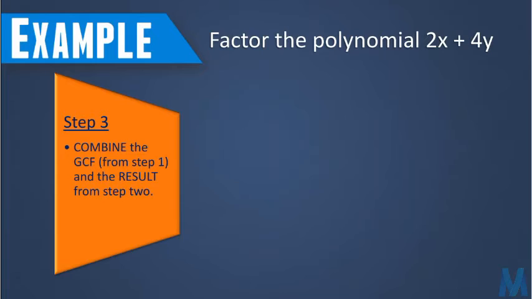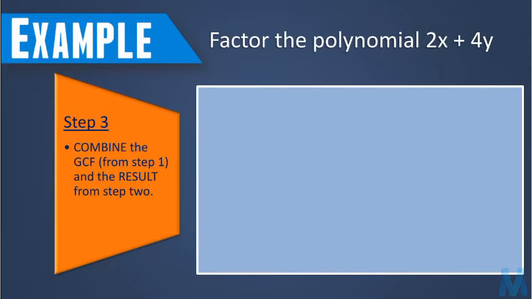Then for step 3, we are going to combine the GCF. Okay? From step 1, kinuha natin ng GCF anay. And then in step 2, divide natin ang given polynomial by the GCF. So in step 3, we are going to combine the GCF from step 1 and the result from step 2.